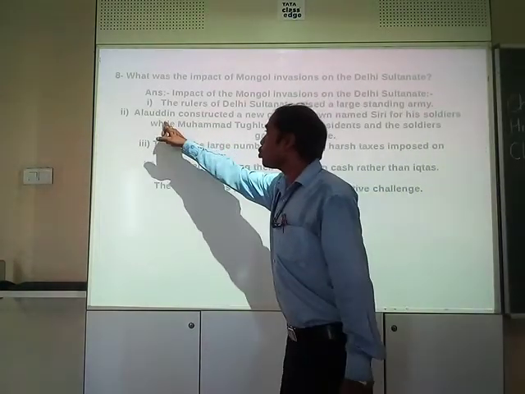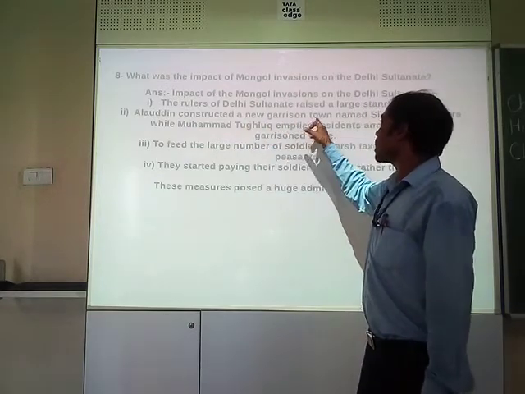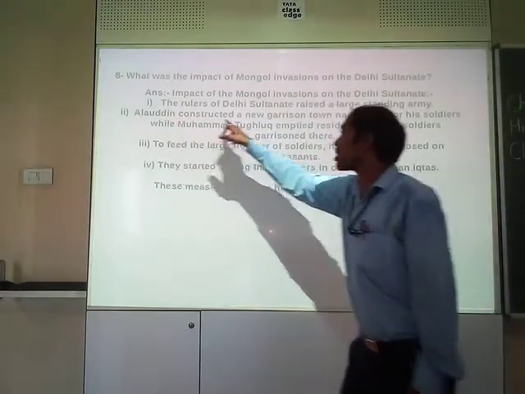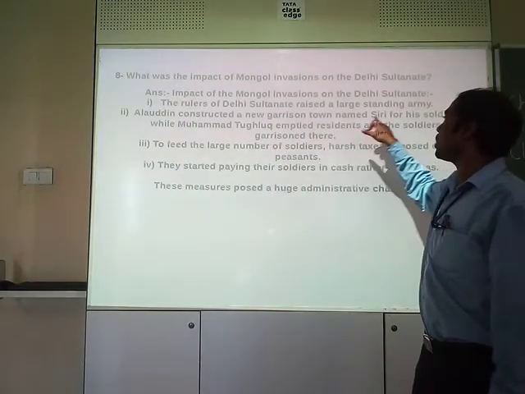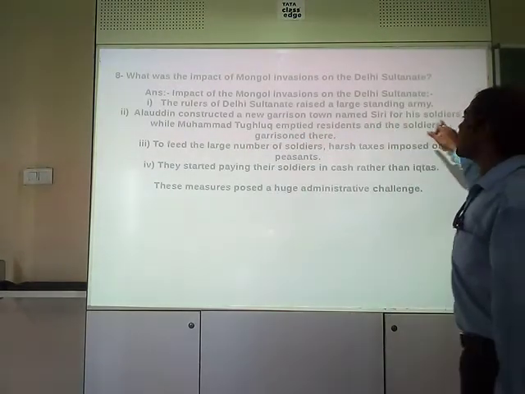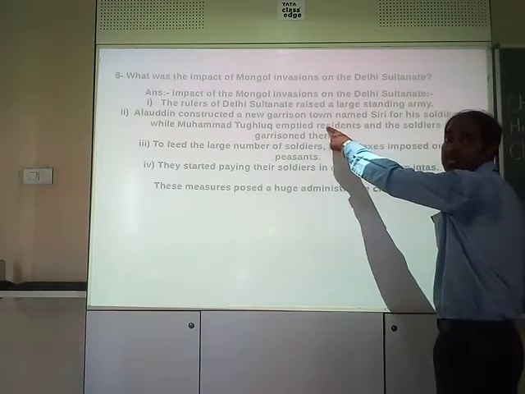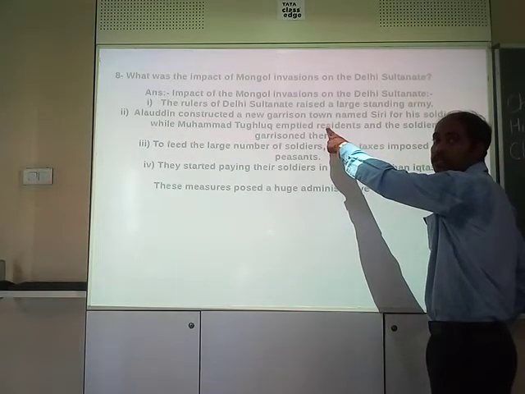Moreover, Alauddin constructed a new garrison town named Siri. See, Alauddin was a ruler. He constructed a new garrison town named Siri for his soldiers, a fortified settlement with soldiers.